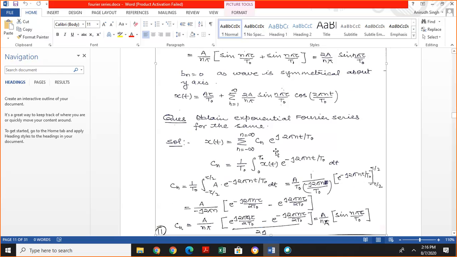And this Fourier coefficient Cn is given by 1 by T naught, integration from minus tau by 2 to tau by 2 of x of t exponential minus j 2 pi n t by T naught dt. x of t is A and A is constant, so we integrate this term and substitute the limits of integration.